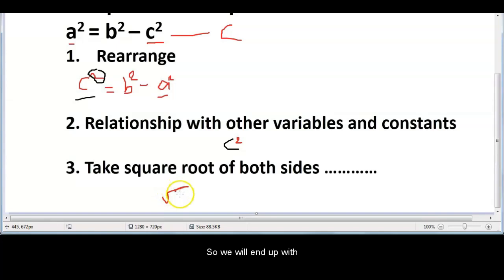So we will end up with square root of c square equals square root of b square minus a square.